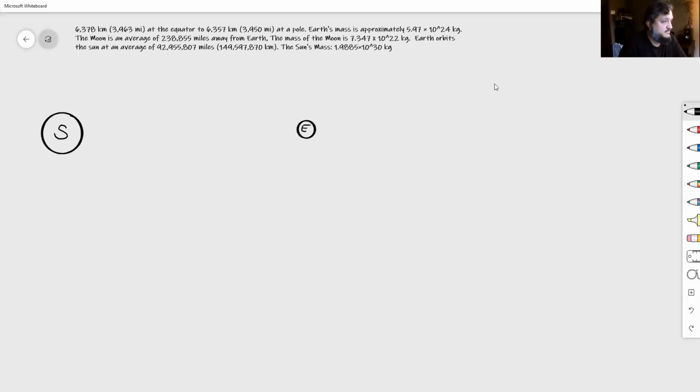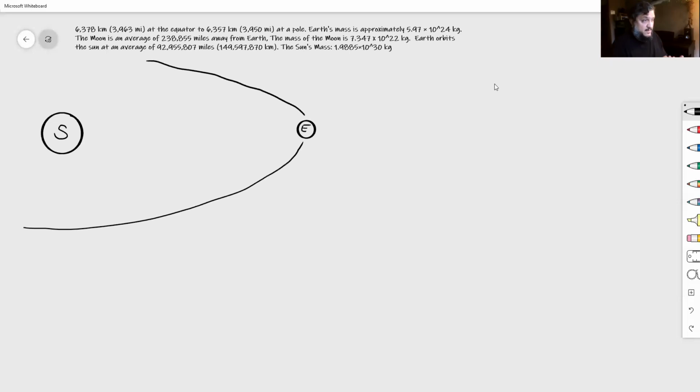Now the earth is in orbit around the sun. And around the earth, we have our moon. So I'm going to consider first when the moon is right here between earth and the sun, and then here on the opposite side. This is our moon. Now when the moon is right between the sun and the earth, it blocks the sun for some time.